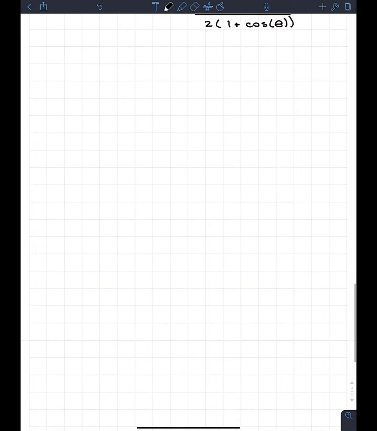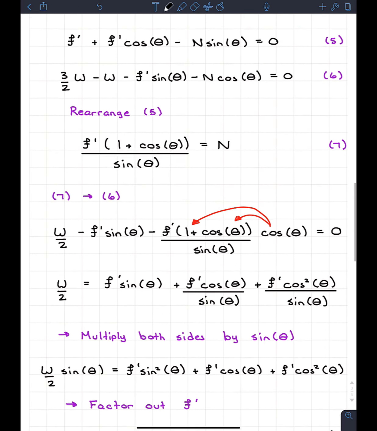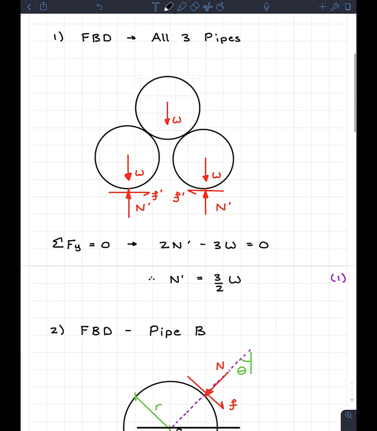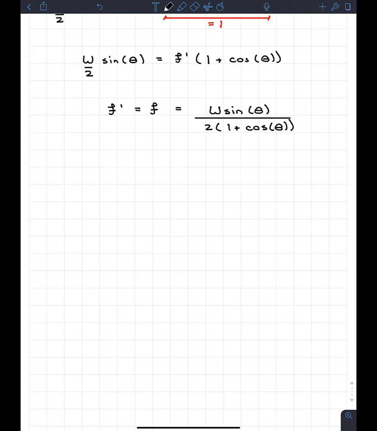So coming down here, now that we got nice relationships for f prime and we got one for n and one for n prime at the top here, we have to ask ourselves, okay, well, when will we use mu? And the question says this: what's the minimum one for it not to slip? So if things are just about to slip, so if they're on the verge of slipping, we know that f is going to be equal to mu times n.